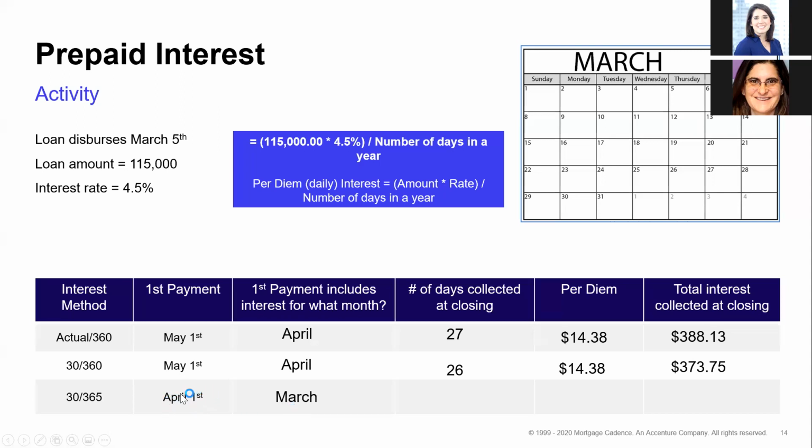So now they're paying for March. Okay, loan closed March 5th. First payment April 1st. How many days should I be collecting at closing? Yes, very good. 4, -4 technically, because I'm not collecting it, I'm refunding it.